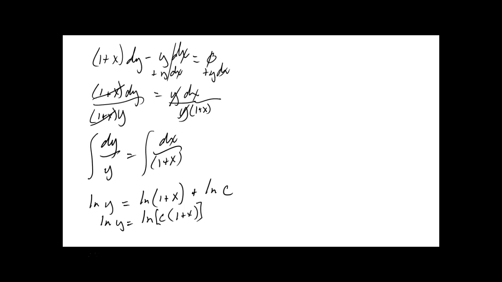Rather than writing plus c, I chose to write it as plus log of c. That's still a constant, isn't it? And the reason I did that is so I can combine these two. The sum of two logs is the log of their product. Does that make sense?